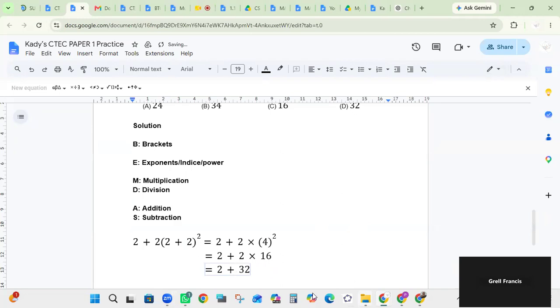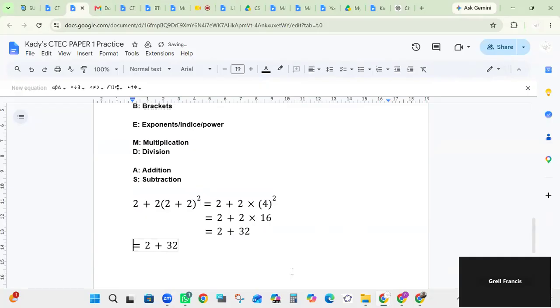And then we can move on now to what next? To the division. But then there's no division. So what next? We have to go to addition. So 2 plus 32 will give us 34.